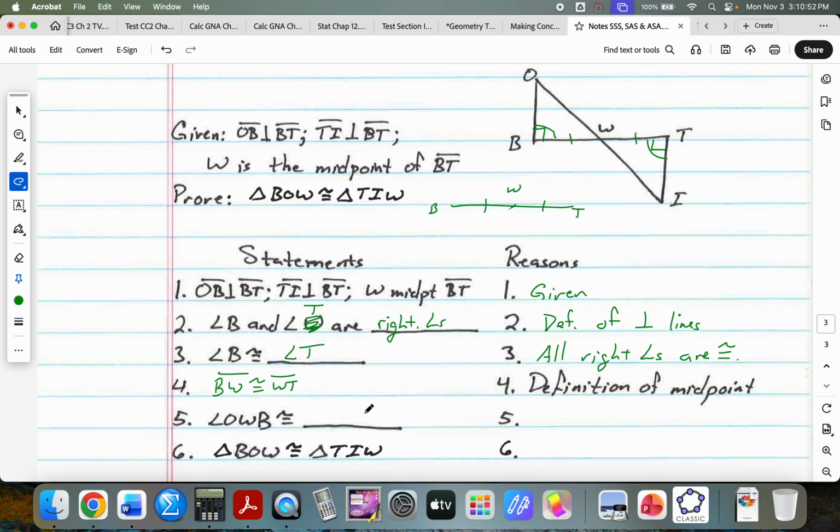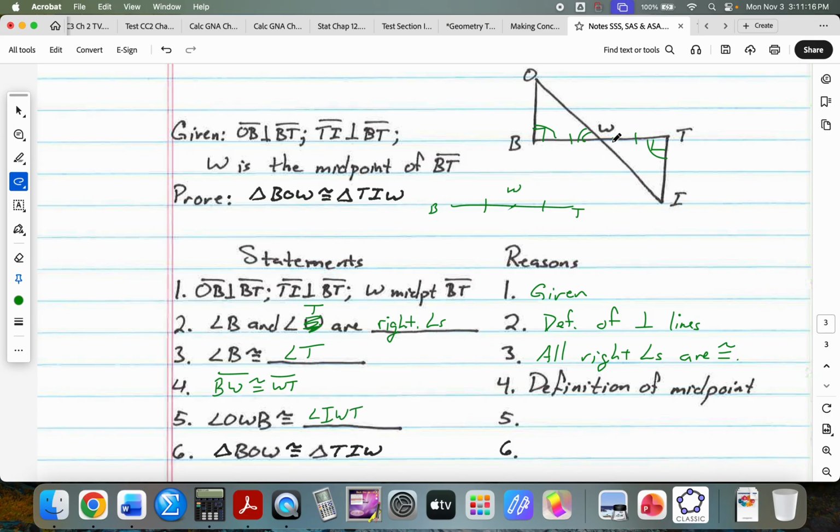Then it leads you again, angle OWB. OWB, that's this angle. Is congruent to what angle? I heard one that was right and one that was wrong. IWT.